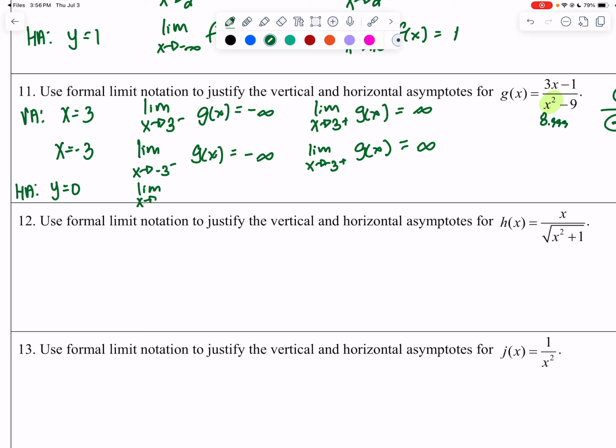How do we justify that? Well, we could say that as the limit as x approaches negative infinity of g of x, that's going to be 0. And then this lovely thing right here is also going to be 0.